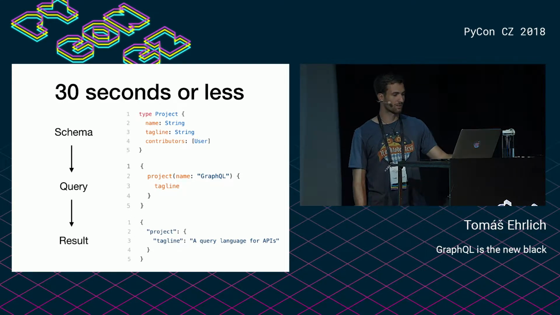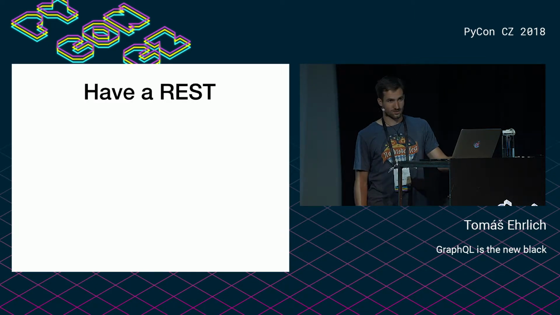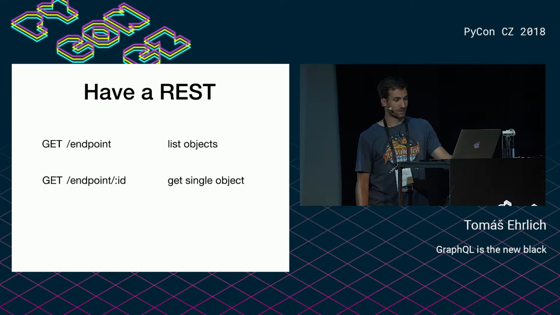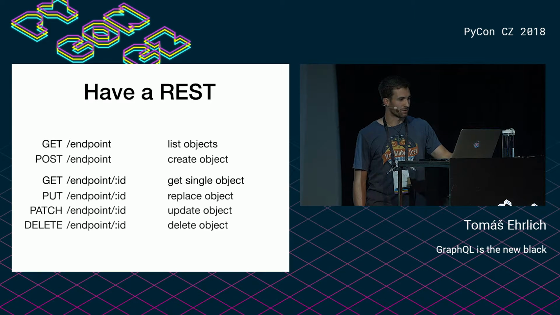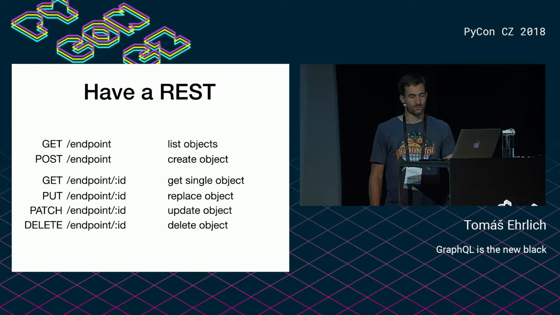How is it in REST? So let's take a step aside and talk about REST for a while. REST is a simple and very nice architecture for APIs, usually implemented using basic HTTP calls. We have GET requests to query data from the server, and we have POST, PUT, PATCH, DELETE to modify it.